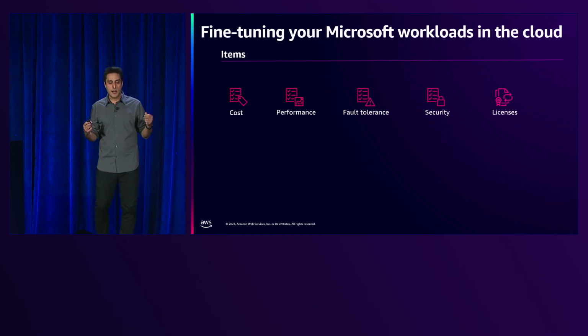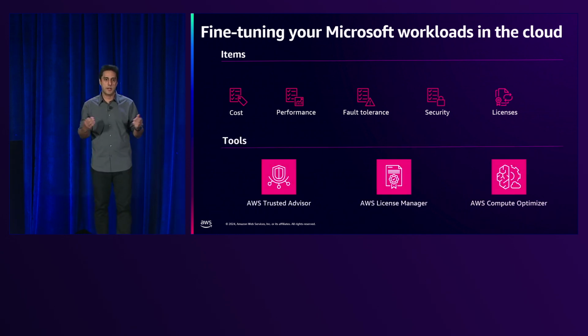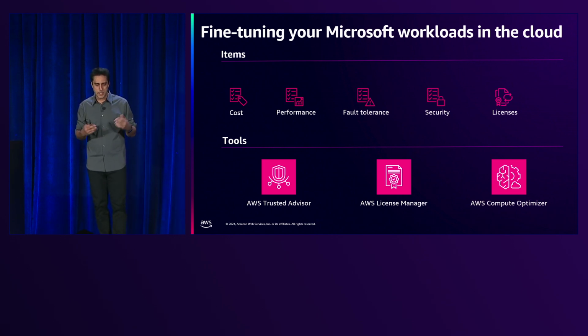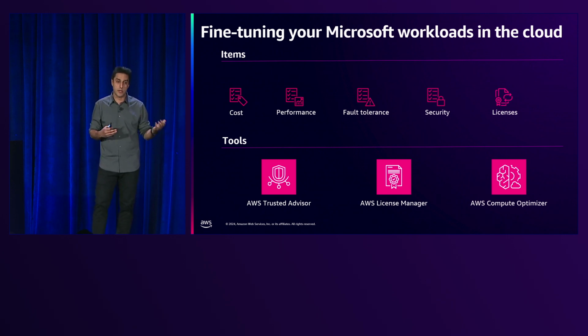Different tools help here: AWS Trusted Advisor, which has been around, comes with different checks for these different pillars and gives you suggestions on optimizing. AWS License Manager helps you track your licenses and also enforce them in your environment.